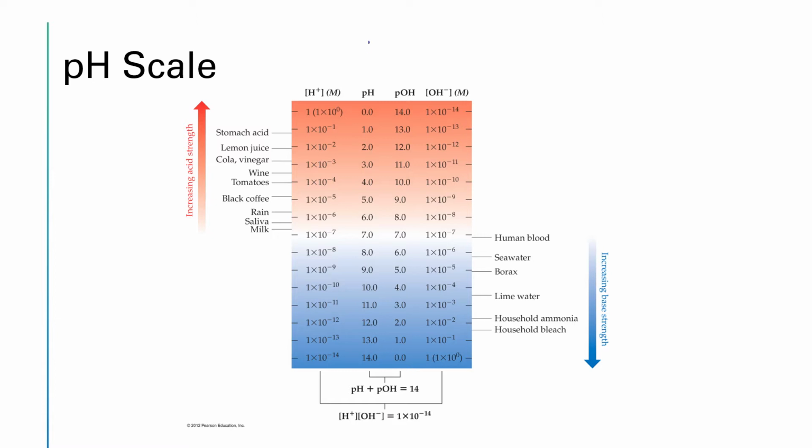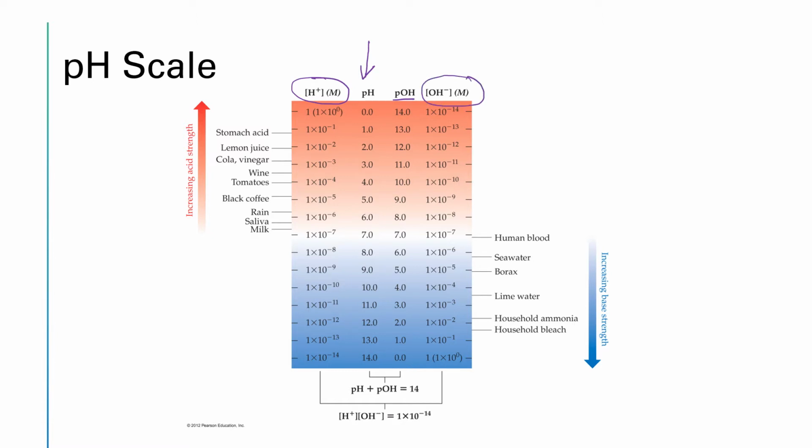So the pH scale is this one here towards the middle. And there's a very closely related scale known as the pOH scale, which is right to the side of it. Both pH and pOH are directly connected to the hydrogen ion concentration in the solution or to the hydroxide ion concentration in the solution.